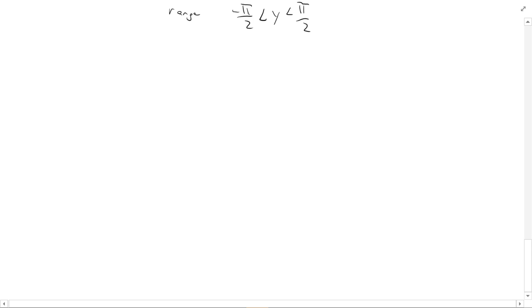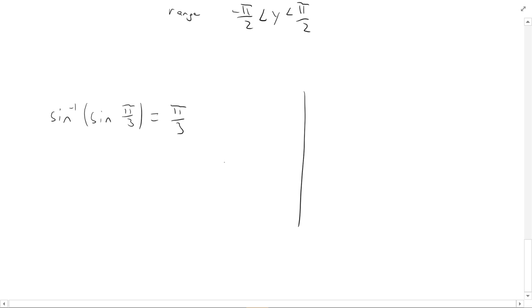So let's do just a couple more examples. Suppose I have, let's find sine inverse of sine of pi over 3. Well, remember how inverses work. I have sine of pi over 3, so that gives me a y value. Sine inverse should take me back to my angle, so this is going to equal pi over 3.